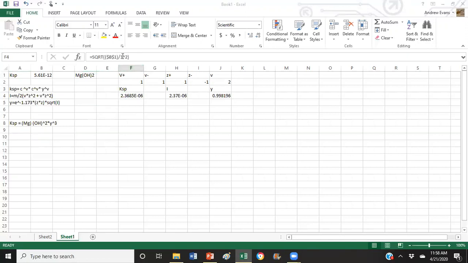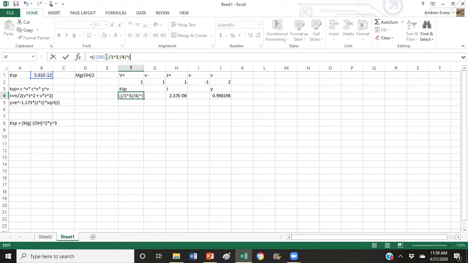So this is going to be what? 3. It's not a square root. It's actually going to be 3 divided by 4, and then we're going to take that whole thing to the power of 1/3, which is a cube root.